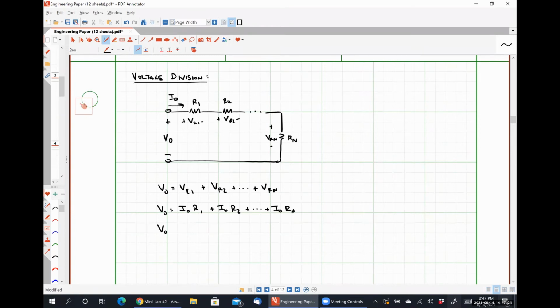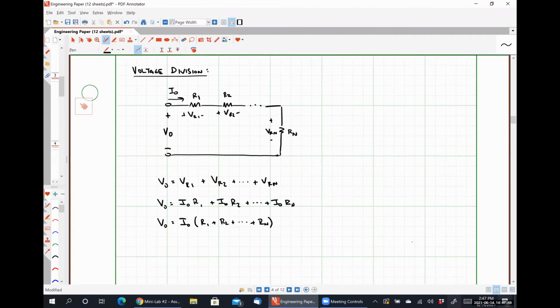And finally, I could group like terms together and say that this is simply I naught times R1 plus R2 plus all the way out to R sub n, right? Up to this point, this is exactly identical to what we did to combine resistors in series.